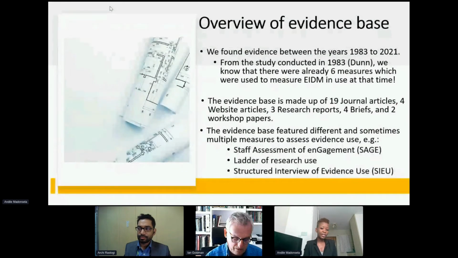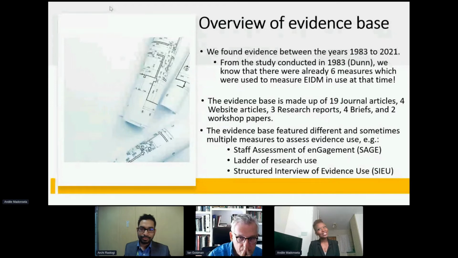The evidence base that we have ranges between the years 1983 to 2021. And we found the study from 1983 quite interesting, because from that study, we know that even back then, there were already 6 measures which were used to measure evidence-informed decision-making.